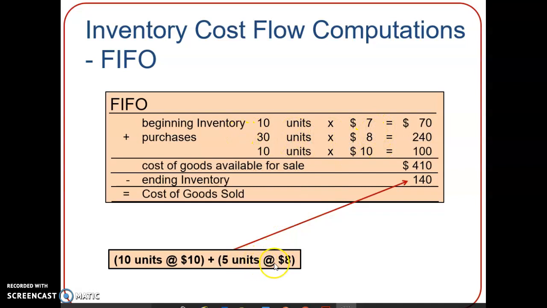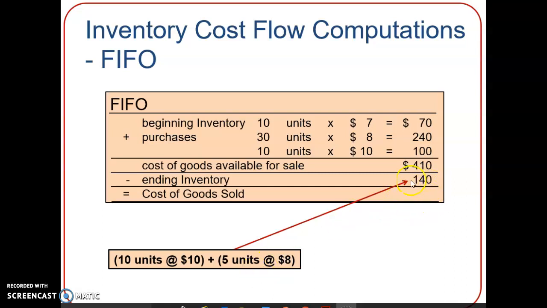So 5 units will be costed at $8 each. So $10 each from the most recent layer, that's $100, and 5 from the second most recent layer at $8 each. 100 plus 40 equals 140.